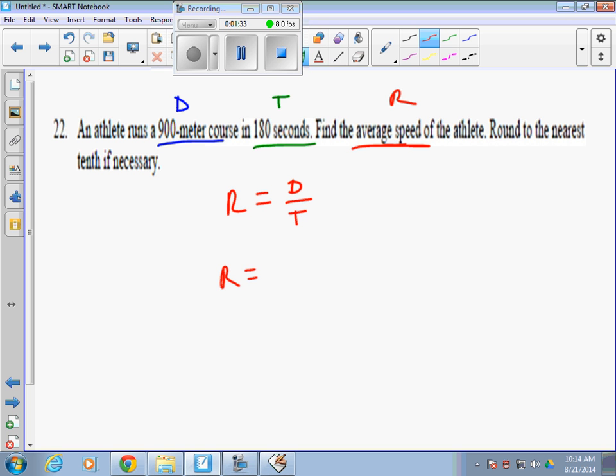Rate equals distance, which is 900 meters, and again, this looks a whole lot like the one from last week, over 180 seconds. So divide 900 by 180. Nice, neat, even number if I remember right. Sure, nice integer. That athlete's rate is 5 meters per second.